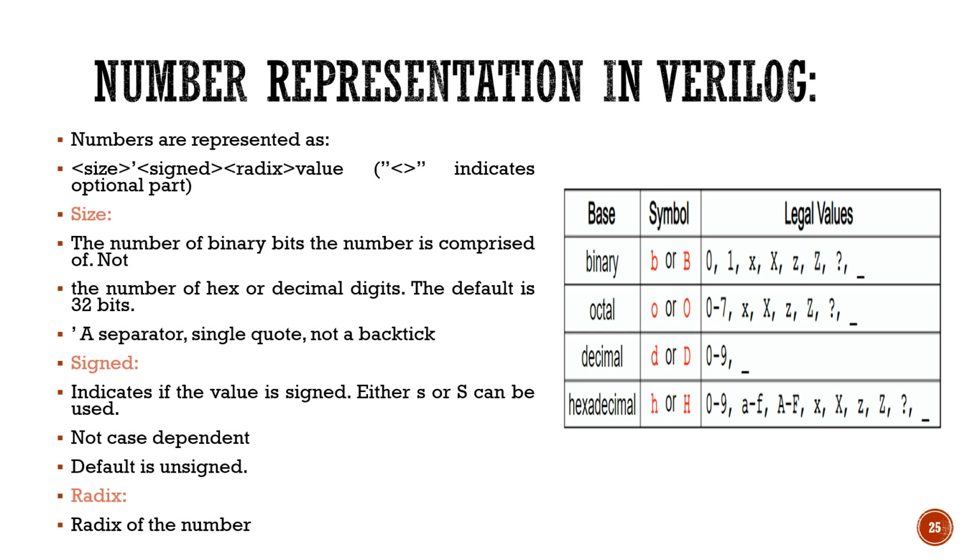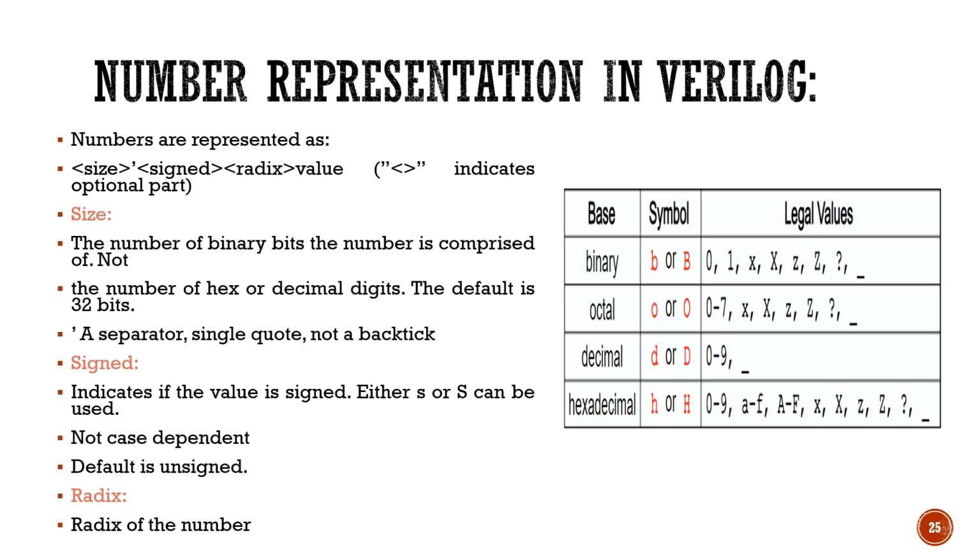So in today's class, we have seen the VLSI design flow, followed by an introduction to hardware description language, the various logic levels in Verilog, and number representation in Verilog.